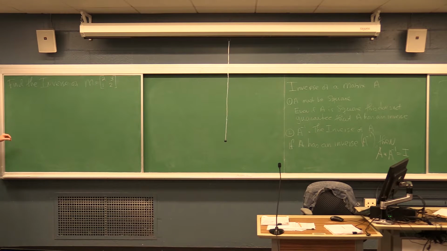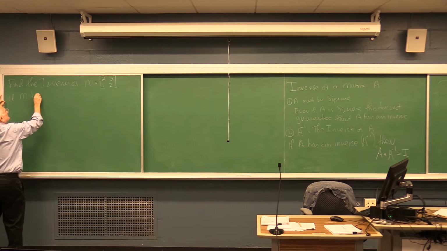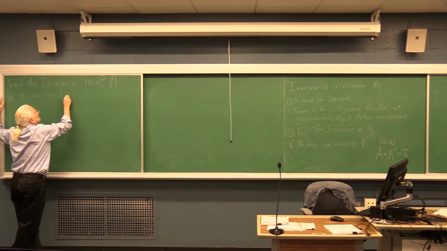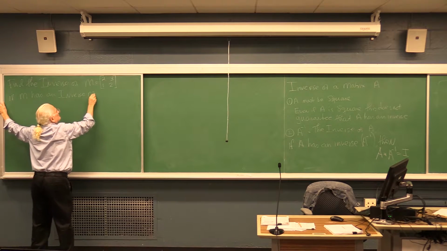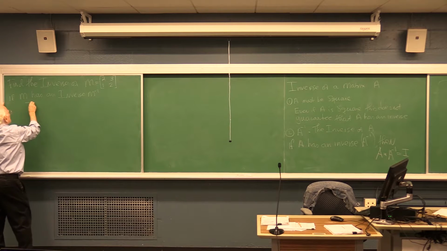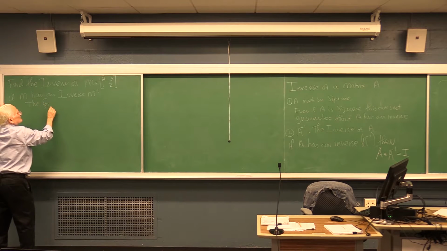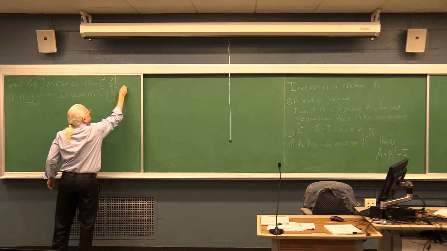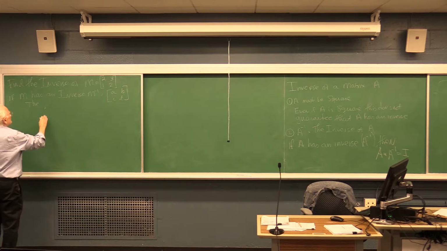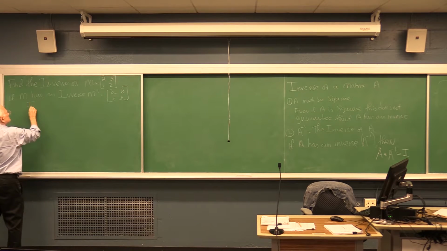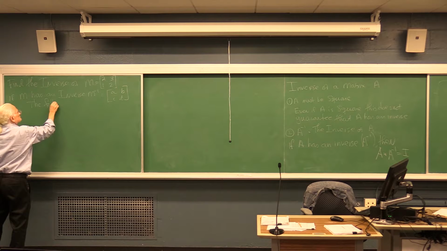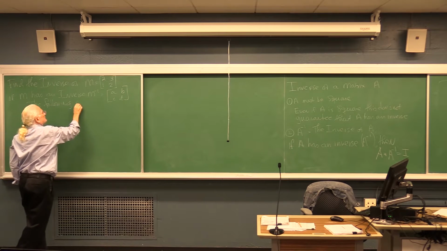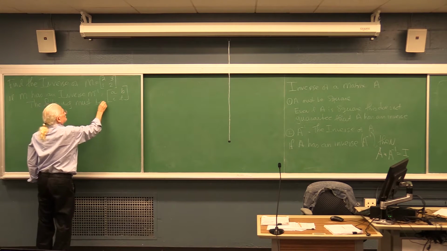So M is square, so we know that if M has an inverse, and let's call the inverse A, B, C, D, anything. The following must be true.